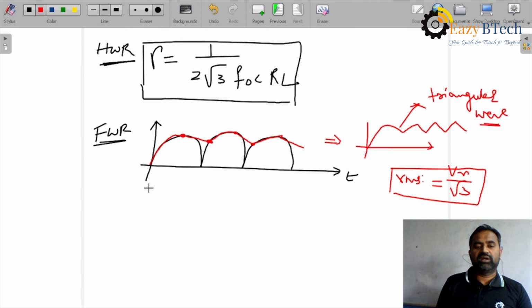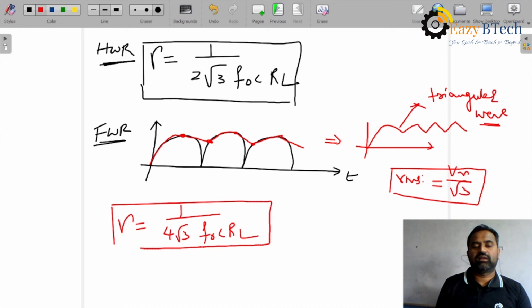For the full wave rectifier, the ripple factor is 1 by 4 root 3 f naught C RL. This is for the capacitor filter.